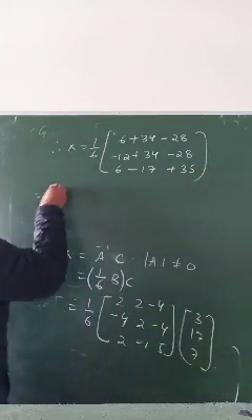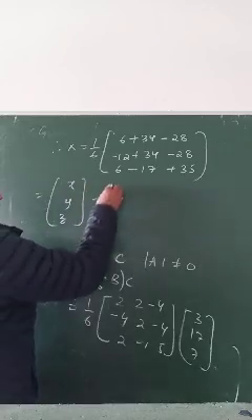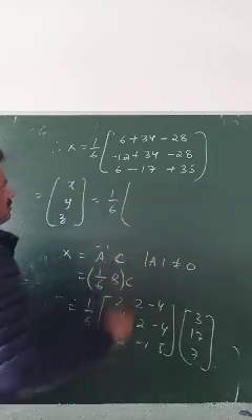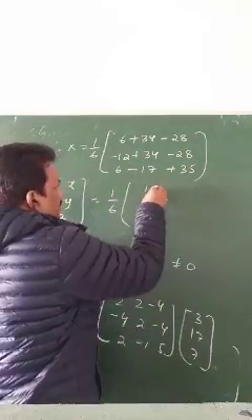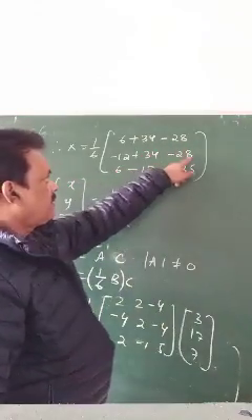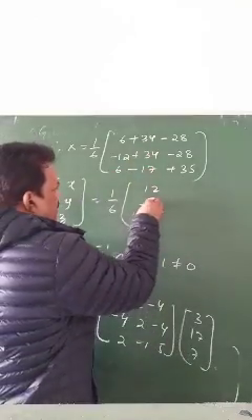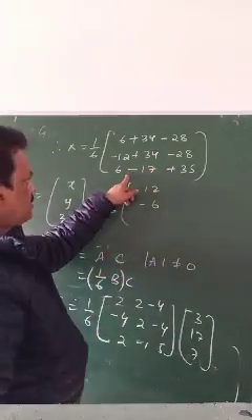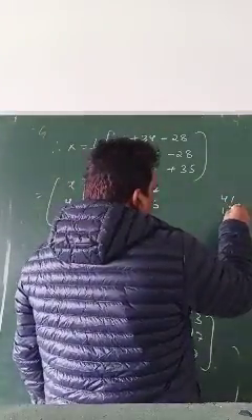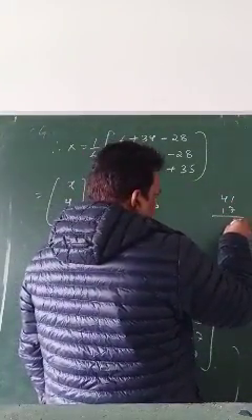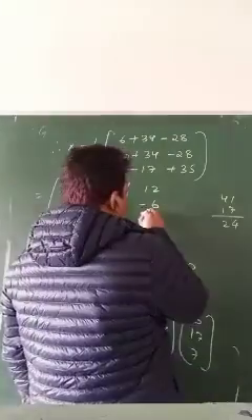What is X? Actually it is xyz. So 1 by 6, how much did you get? 12. 40 minus 40, minus 40 plus 34 is minus 6. This is 41, 17 minus 24.